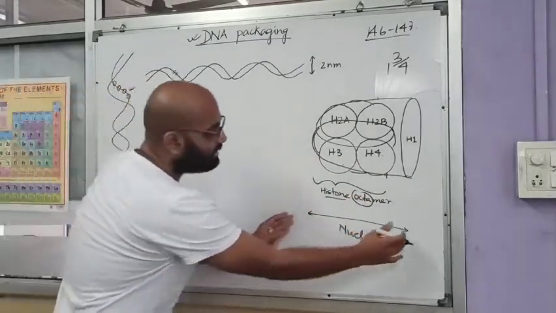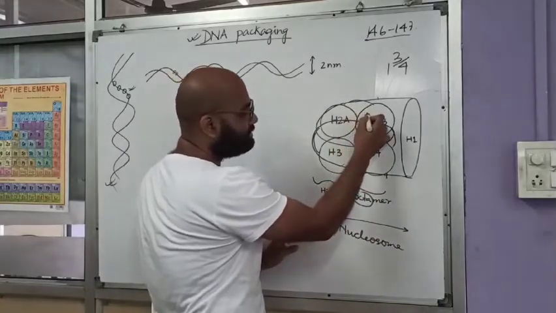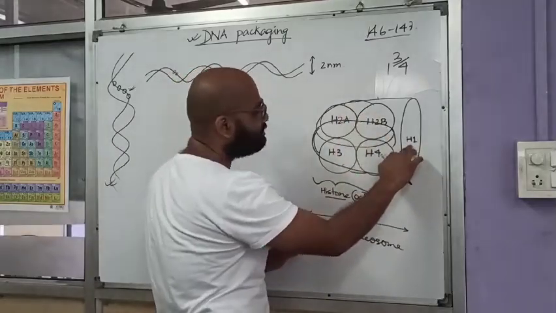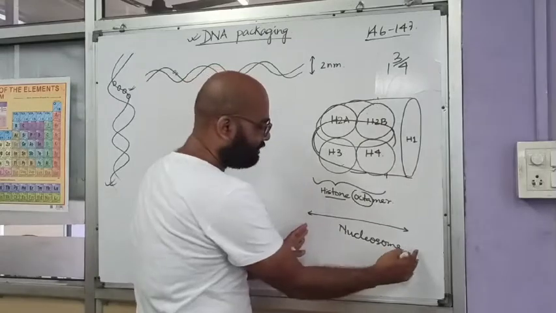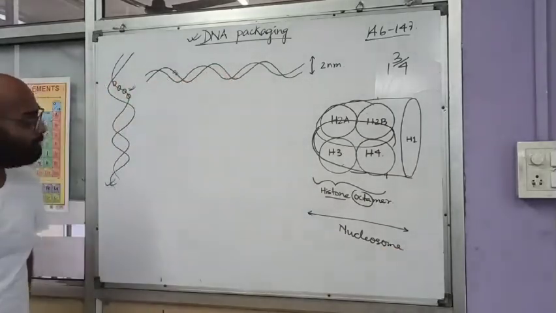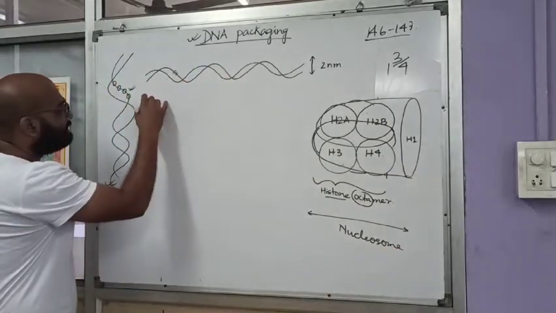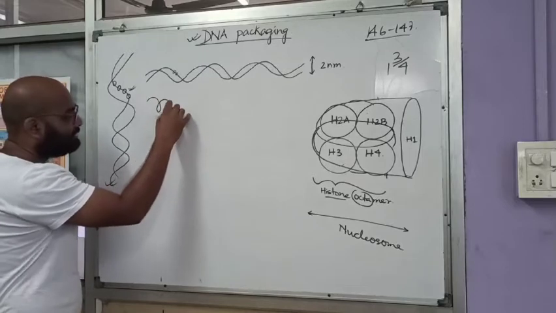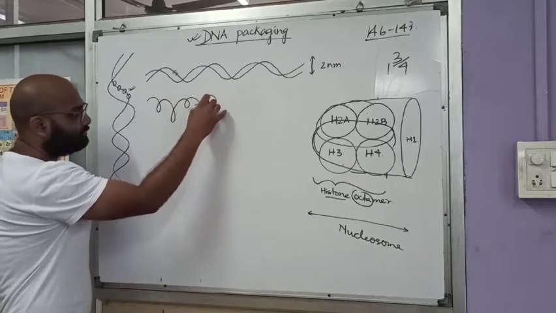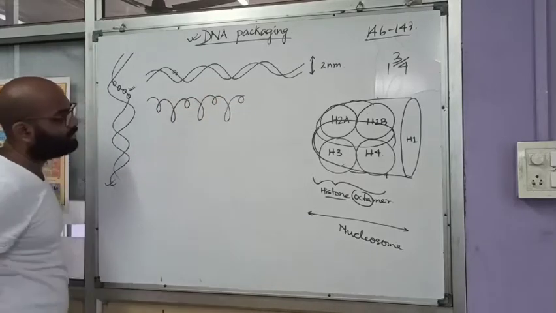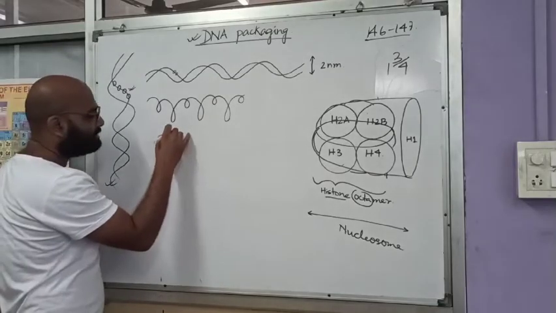So this whole structure, with your histones along with H1 and the stretch of DNA at the end, we call this structure a nucleosome. So it makes a structure like this, and this is what we call the beads on a string structure.